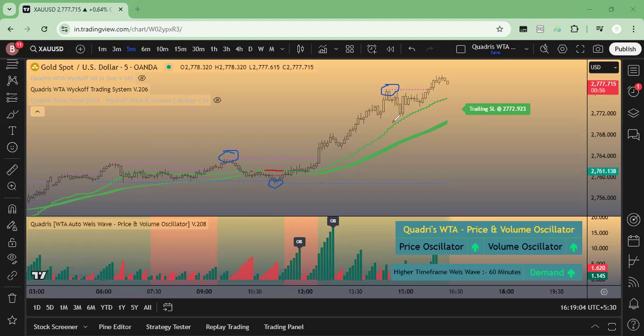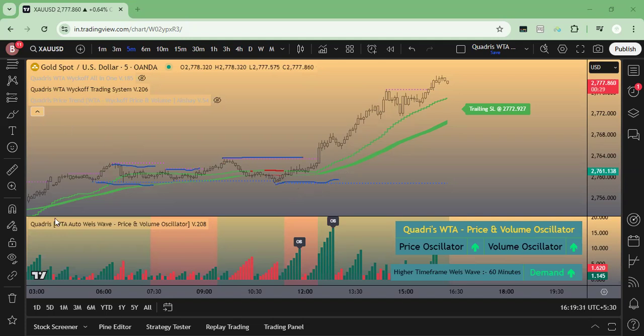I have a different method of identifying it. For some people this would be a swing high and swing low, then this would be a swing high and swing low, and so on. But I draw a support and resistance line based on certain criteria which are automatically assessed, and based on that it is drawing support and resistance.